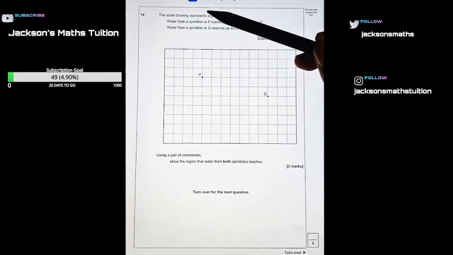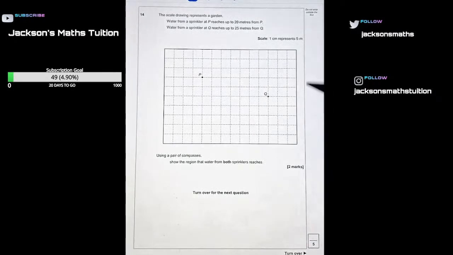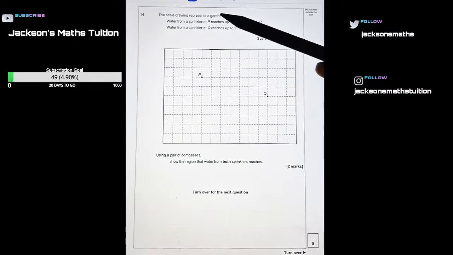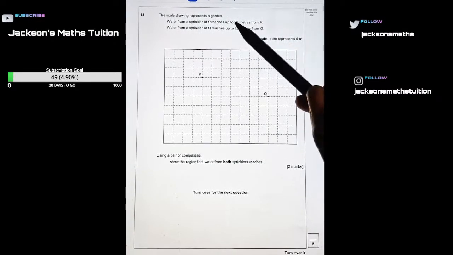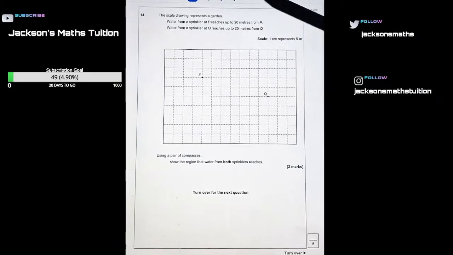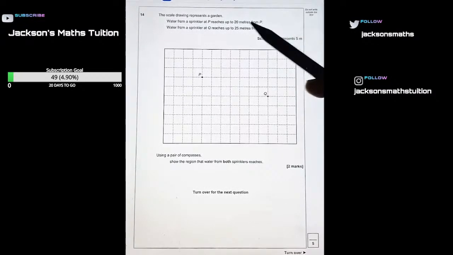So the scale drawing represents a garden. Okay, so this is a garden, and there is a water sprinkler, which is at P, and there is a water sprinkler at Q. Now, the water sprinkler at P reaches up to 20 meters. Okay? It reaches up to 20 meters, the one at P.